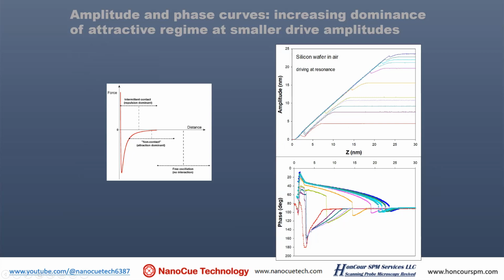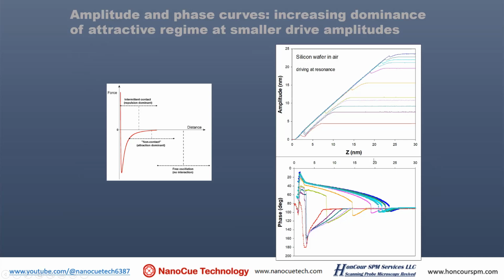For the red one here, as you can see, for a very long range from here all the way to here, the phase experiences a big dip of negative shift. And as we drive the cantilever at higher and higher amplitude, in this case the blue line, very close to the end, if you move here, the phase immediately shifts to positive.